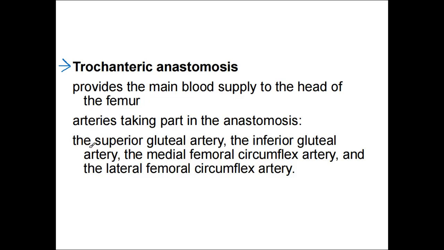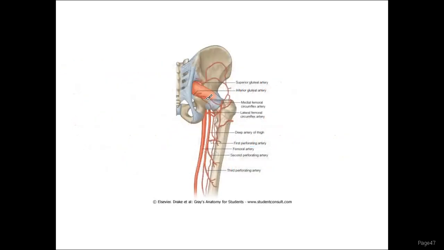So to make it simple, you have the superior gluteal artery, the inferior gluteal artery, the medial and lateral circumflex arteries. So just get that: superior gluteal, inferior gluteal, the medial femoral circumflex, and then the lateral femoral circumflex. Right? So these are formed around the trochanter.